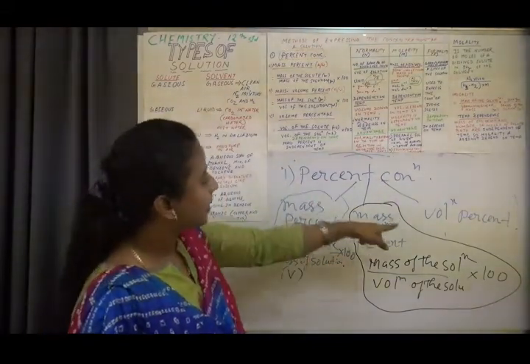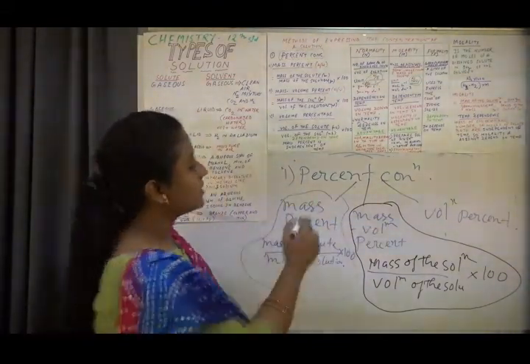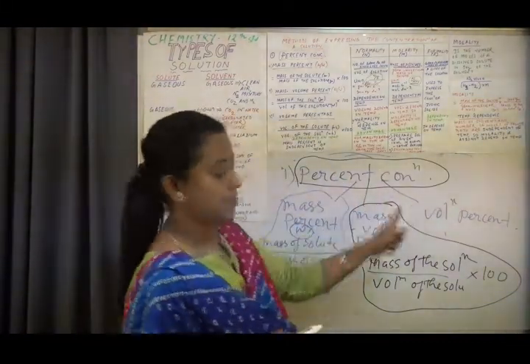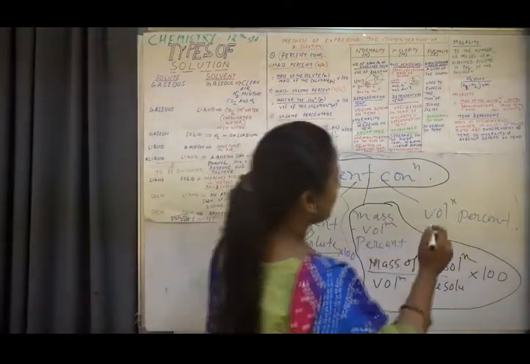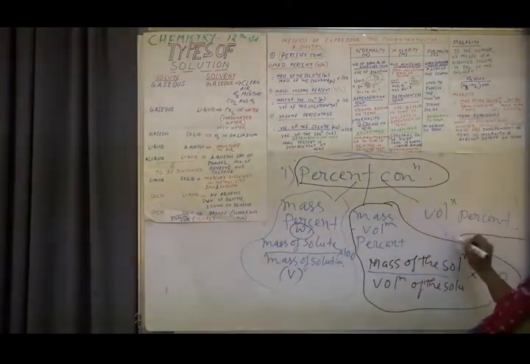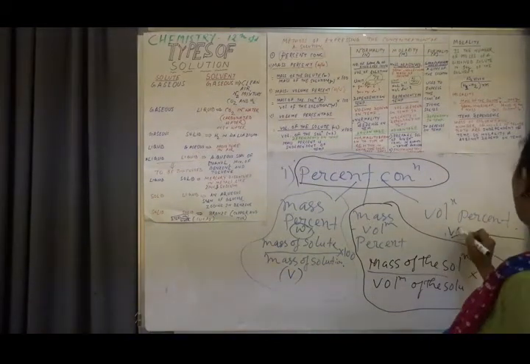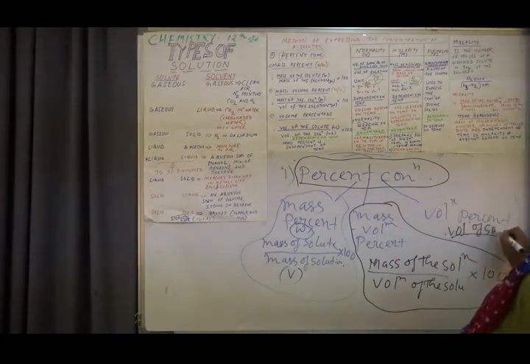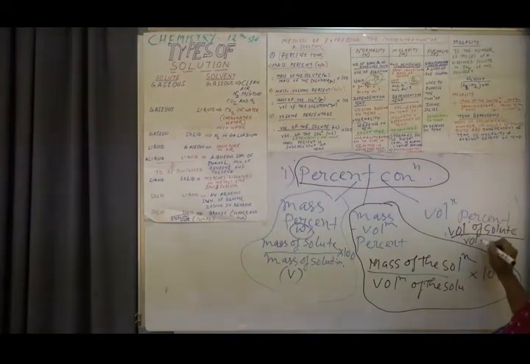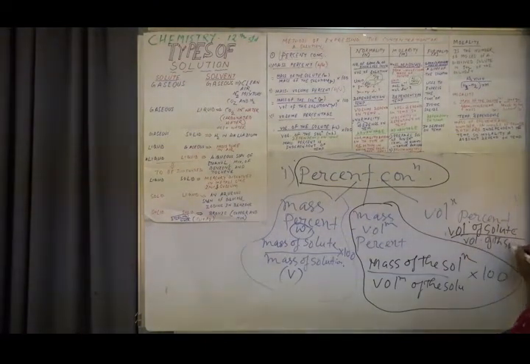Then coming to the next one, all these things are covered in percent concentration. So the next one is the volume percent. What happens in the volume percent? How can we calculate? Volume of the solute divided by volume of the solution into 100.